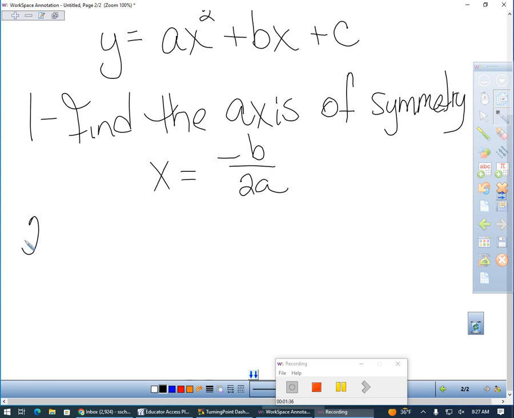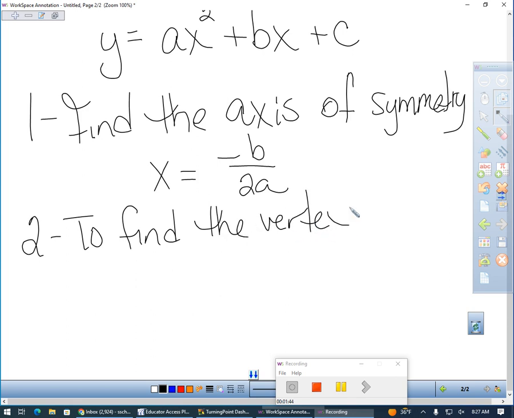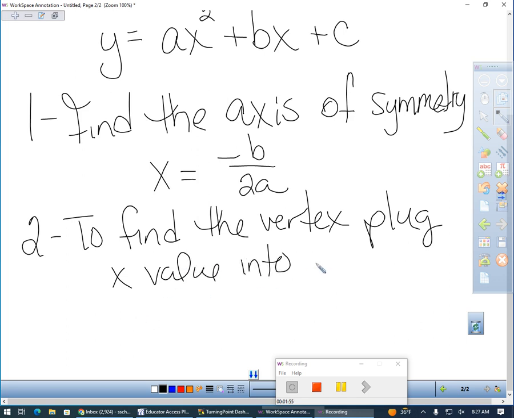Step number 2, to find the vertex. Plug the x value that you just got from the axis of symmetry into the equation.